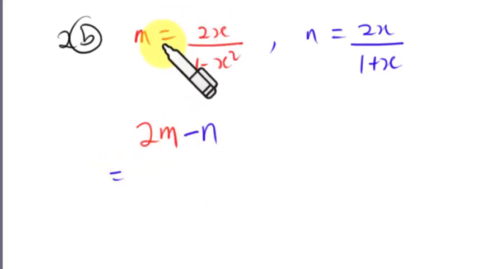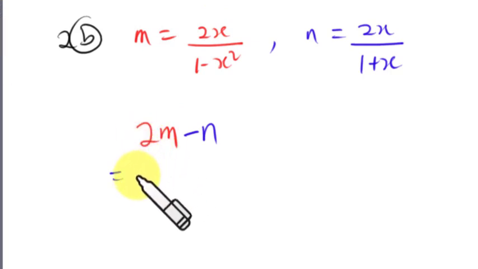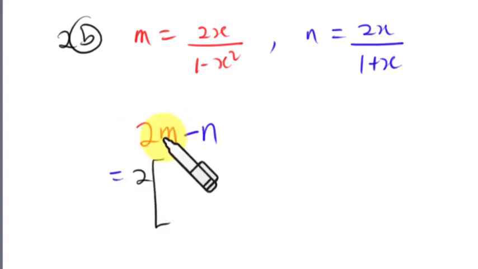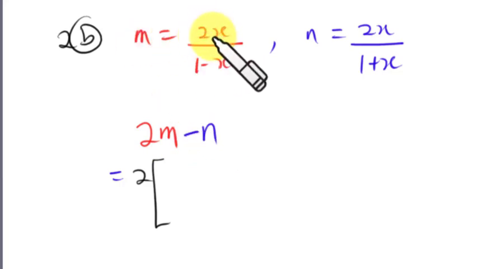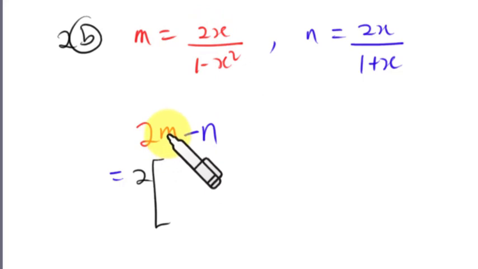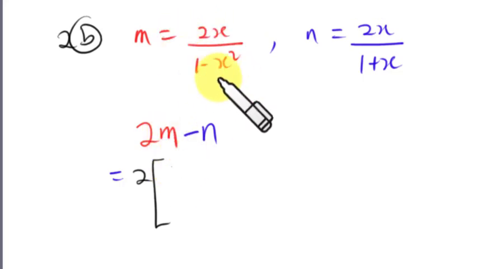So we're gonna write the 2 here, but in place of where we have the m, we are no more going to write m because we are not interested in m. The question says that we have to express our final simplification in terms of x, not in m and n. But luckily we've been given that m is equal to 2x, and of course we see x here. So in place of m, we are going to write this expression that we see here.